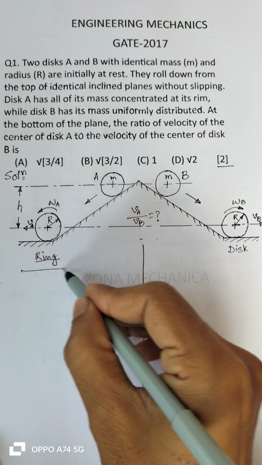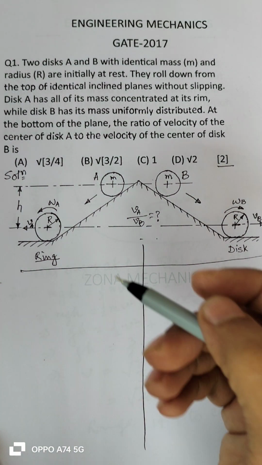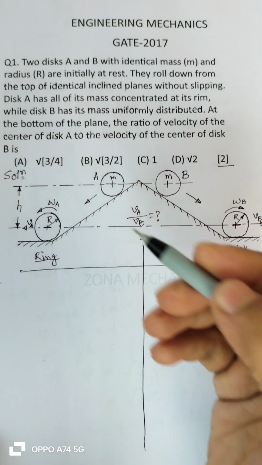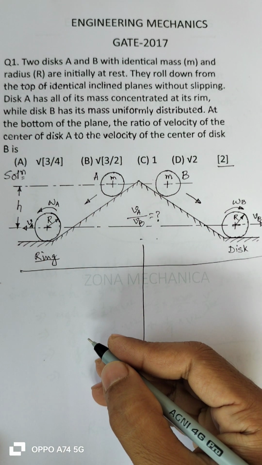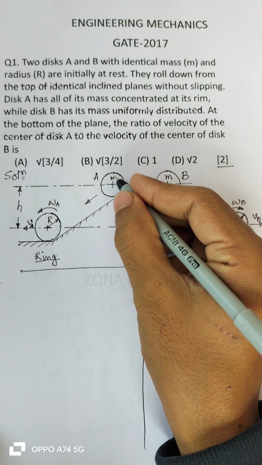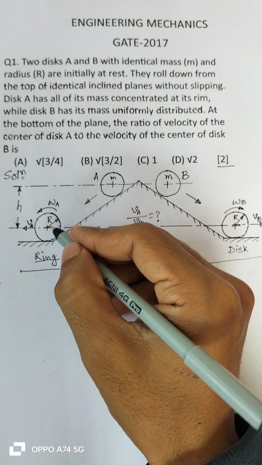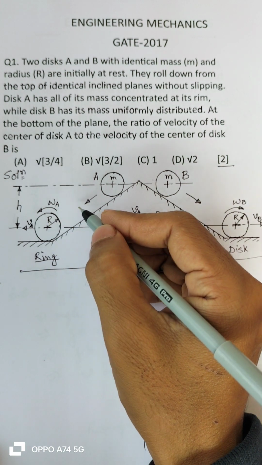Now, from energy balance we can get the expression for velocities. So total energy at the top position will be equal to total energy at the bottom position.